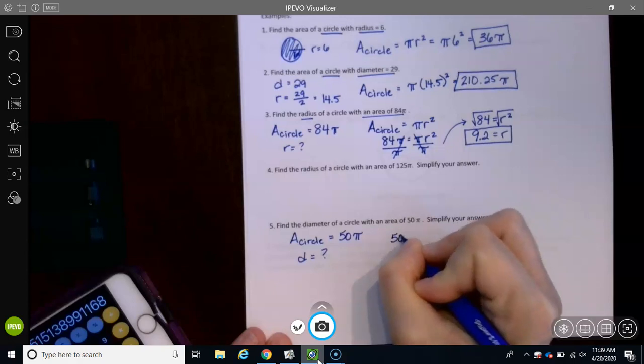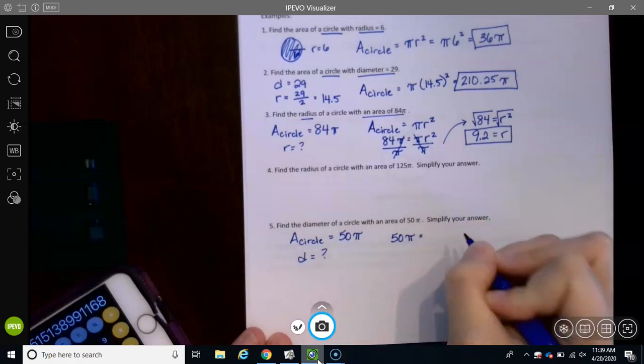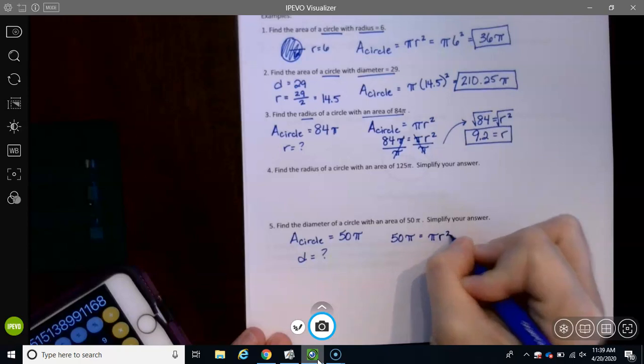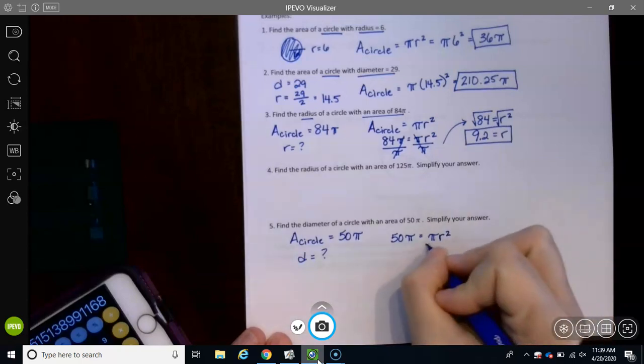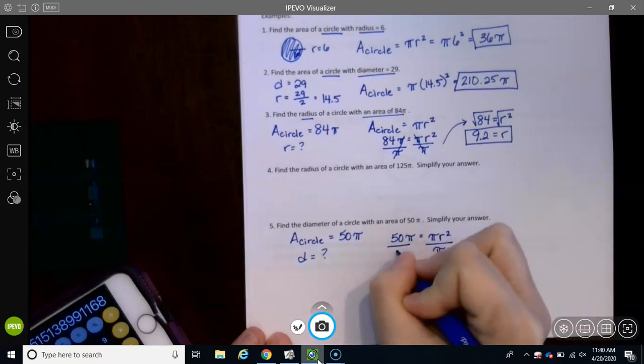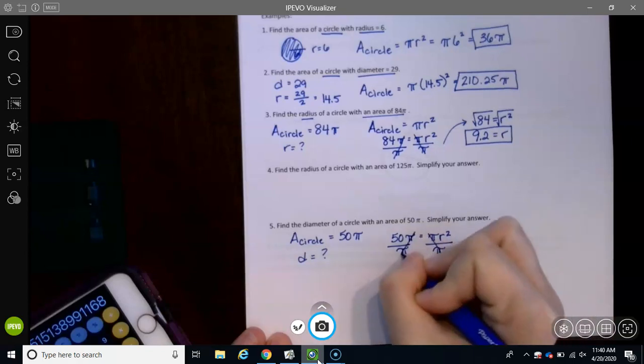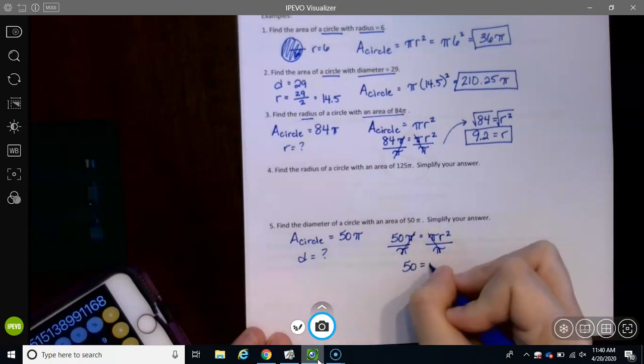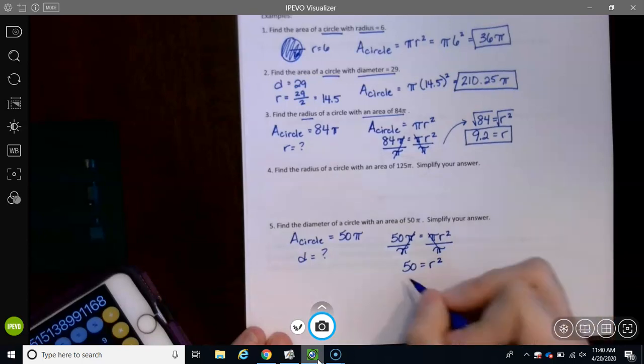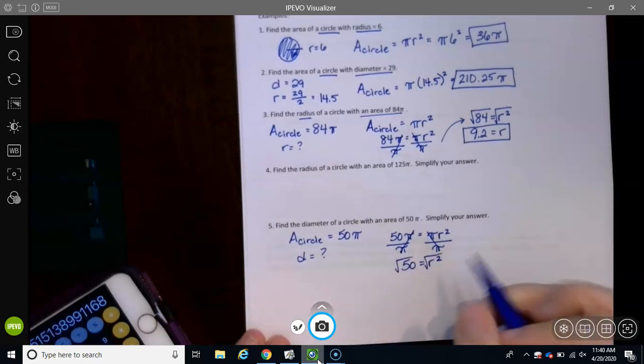So 50 pi is equal to pi r squared. I want to get that r squared by itself, so divide both sides by pi. We get 50 equals r squared. And then you want to get r by itself, so take the square root of both sides.